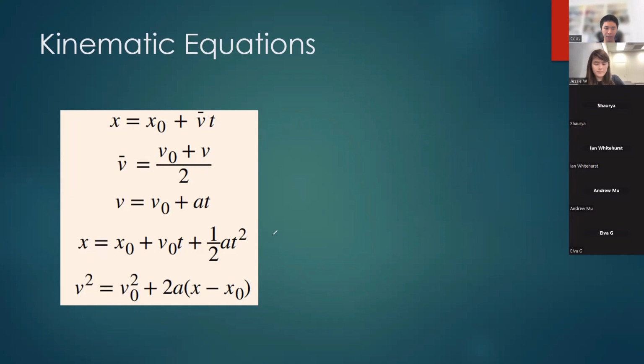So for example, let's say the i indicates the initial velocity. Your initial velocity is you're moving at 3 meters per second. And let's say you're accelerating at 4 meters per second squared, and you move from point A to point B, and the distance is, let's say, 10 meters.